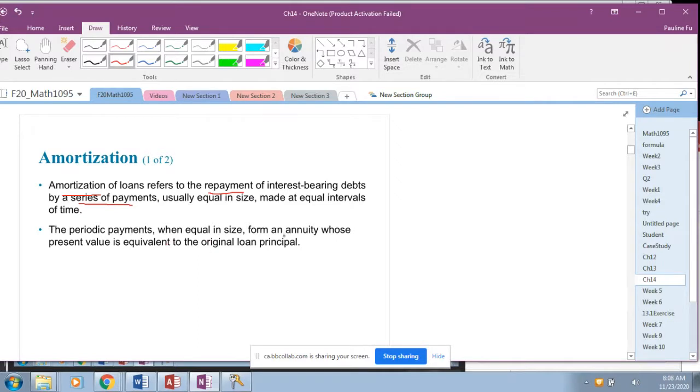So this chapter is about the application of annuity in residential mortgage. So in annuity, the present value, PV, is the loan. PV is the amount of loan, not including your down payment.